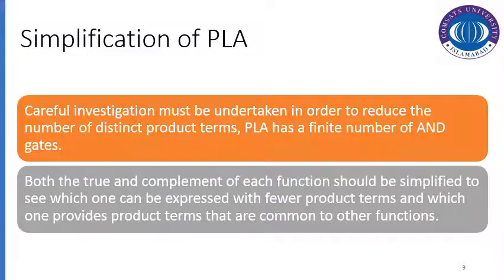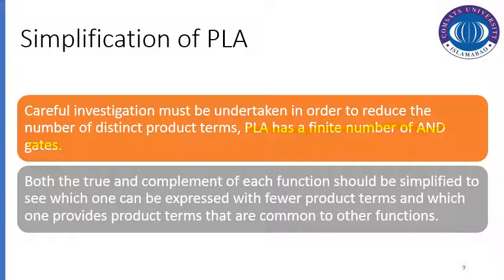And we do know that both of these structures have a finite number of AND gates. So in order to efficiently utilize the AND array, if we have any product terms that can be reduced or can be shared, then it would be beneficial for us.